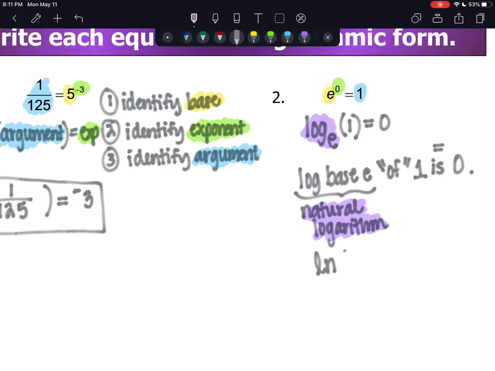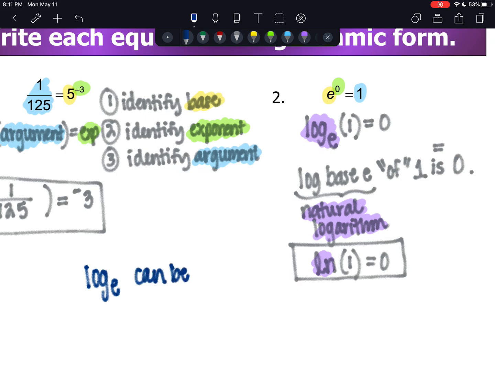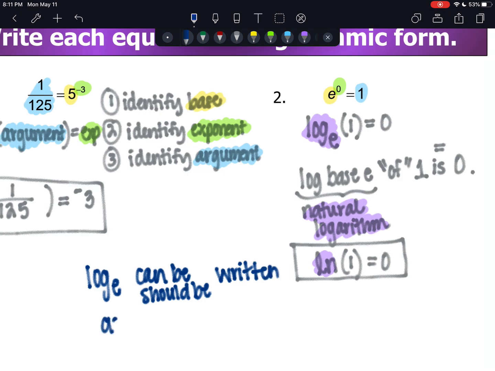So the natural log of 1 is equal to 0. So log base e, and I'll write this down, can be and should be written as LN. And some people think it's IN, but that's an L.